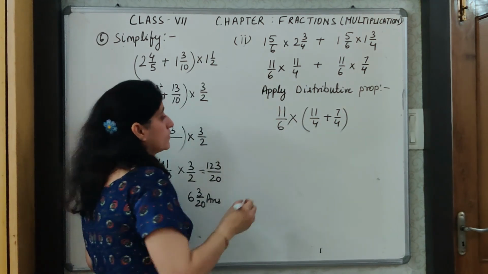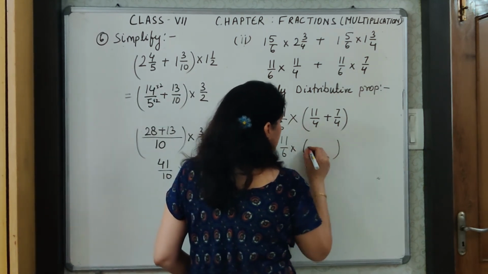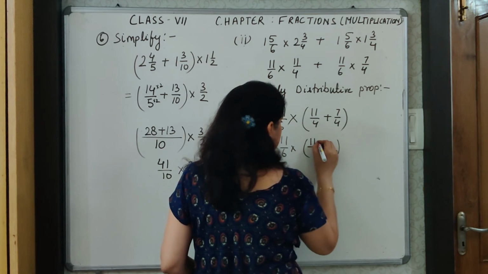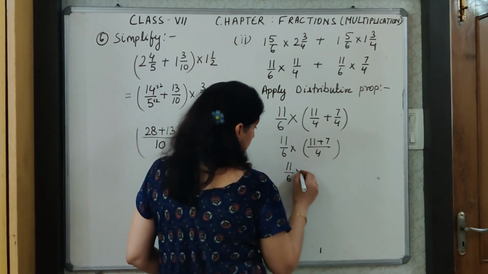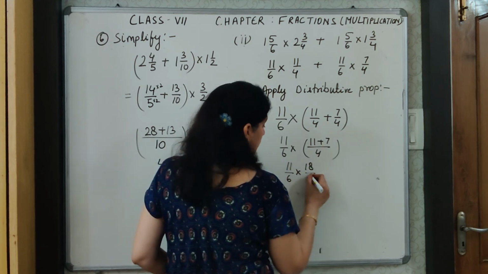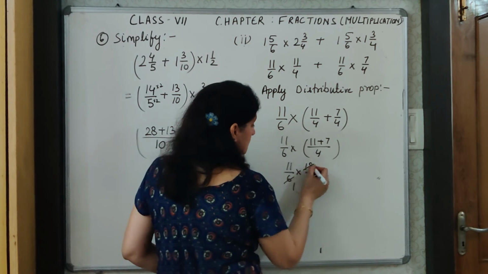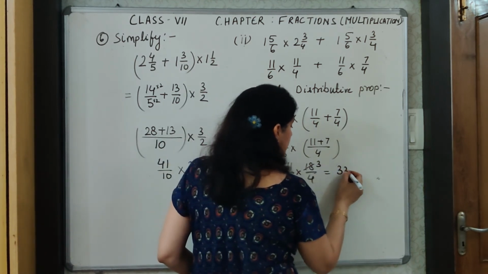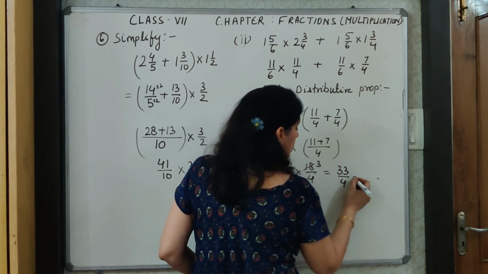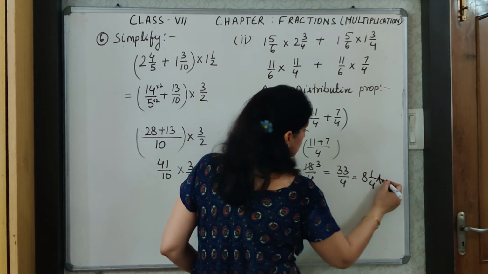Got it? 11 upon 6 into, 4 is the LCM, I get 11 plus 7, 11 upon 6 into 18 upon 4. Alright. 6 ones are 6, 3s are. So I get 33 upon 4, which will be 8 whole 1 upon 4 as the answer.